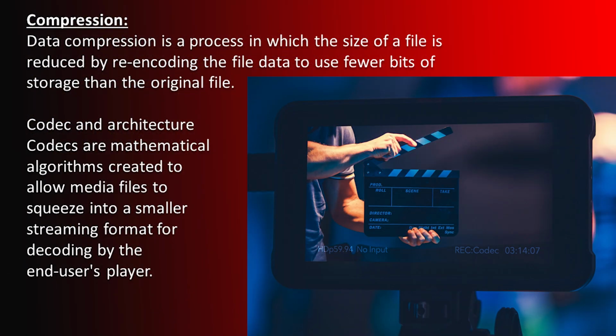Then comes compression. Data compression is a process in which the size of a file is reduced. So just remember this. Compressing a file, a video file, simply means taking perfectly good bits of information and putting it in the trash. Then comes the codec, the notion of the word codec.